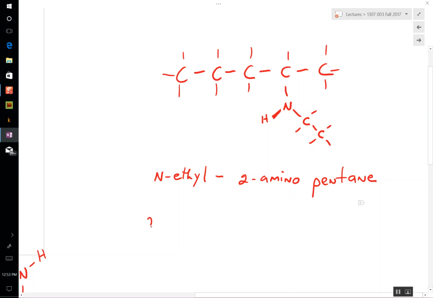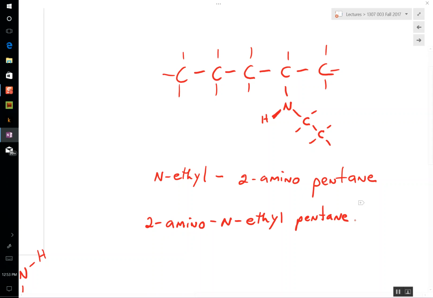This would be acceptable, and it would be in line with what I've been telling you: miscellaneous alkyls, parent name. And I'm kind of breaking with that because this is not on that. This is on that. So it's N-ethyl 2-aminopentane.